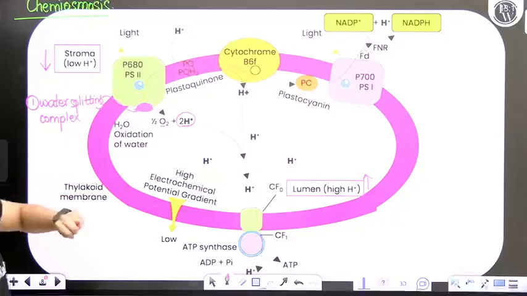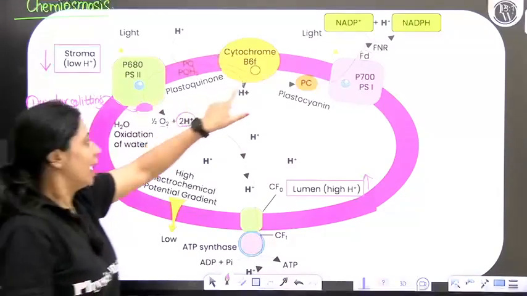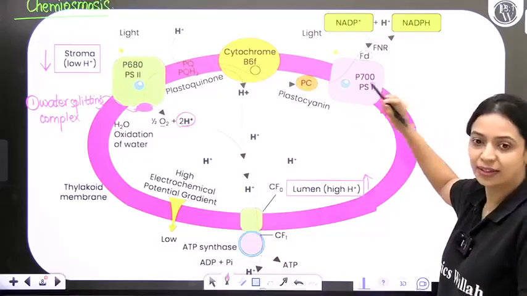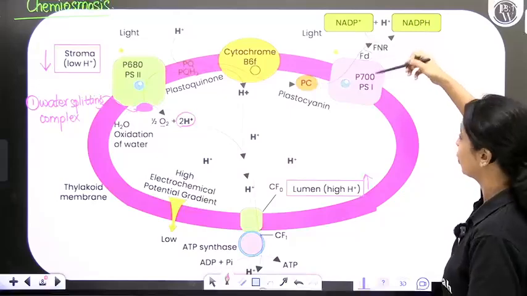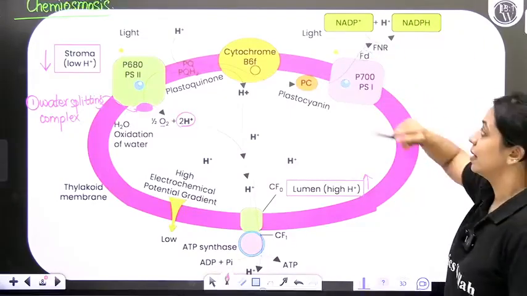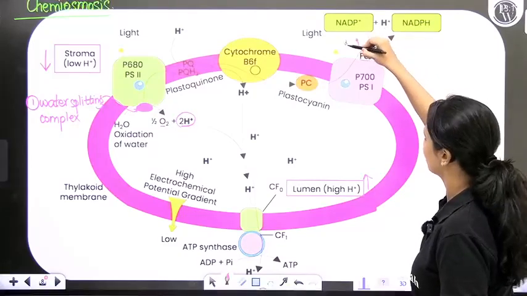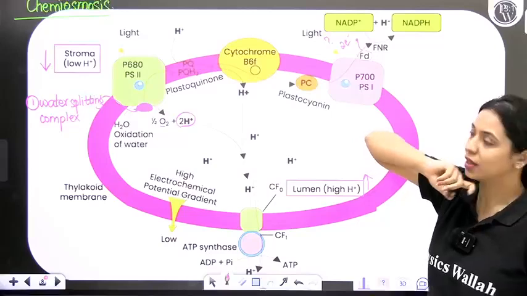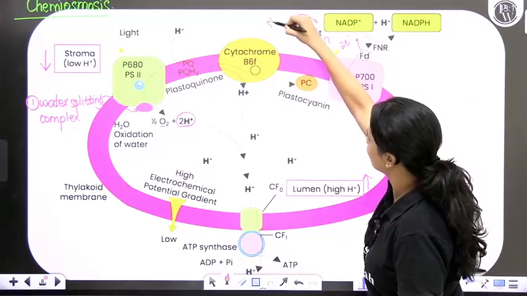Okay, what is the second reason now? I told you that the electron from PS1 will ultimately be transferred to NADP+. This NADP+ will get electrons from ferredoxin. But where will it get protons from? It will pick up protons from the stroma.